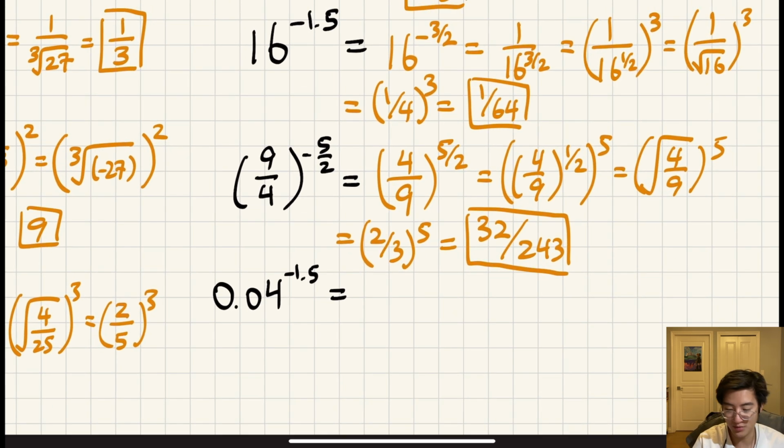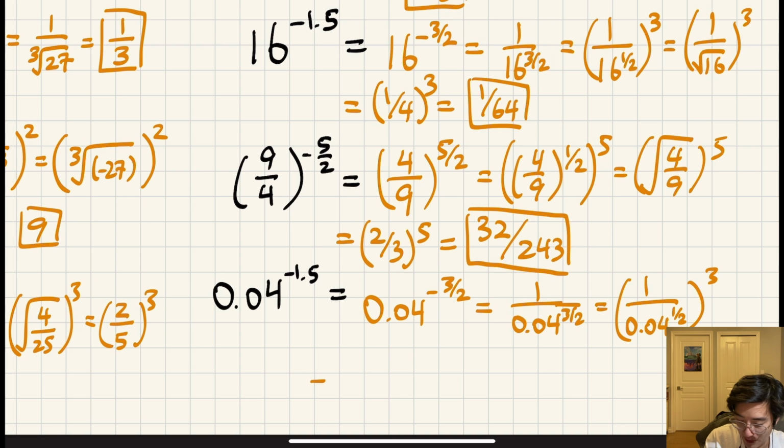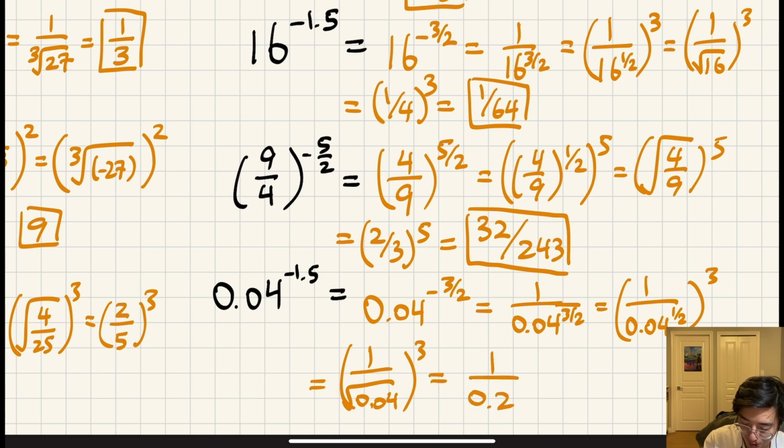Decimal, negative, conversion. So 0.04 to the power of negative 1.5, so 3 over 2. We can flip it upside down to get 1 over 0.04 to the power of 3 over 2, which is 1 over 0.04 to the power of 1 over 2 to the power of 3, which is that square rooted to the power of 3, which is 1 over 0.2 to the power of 3.